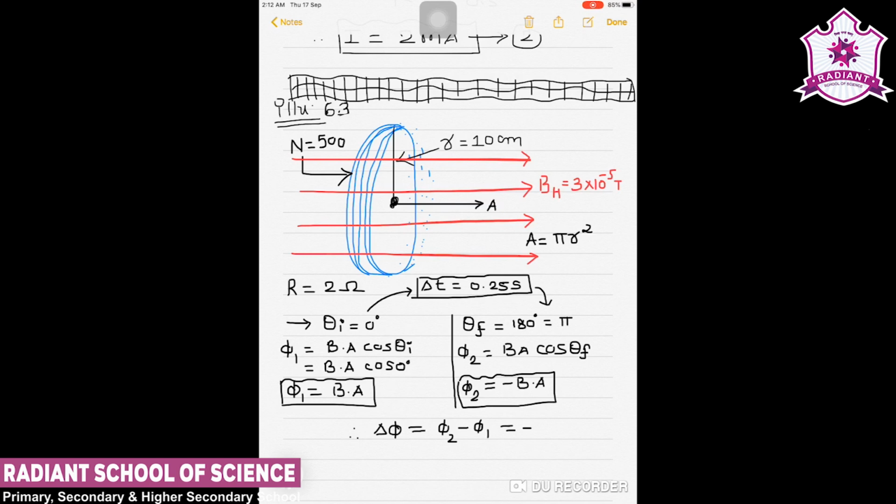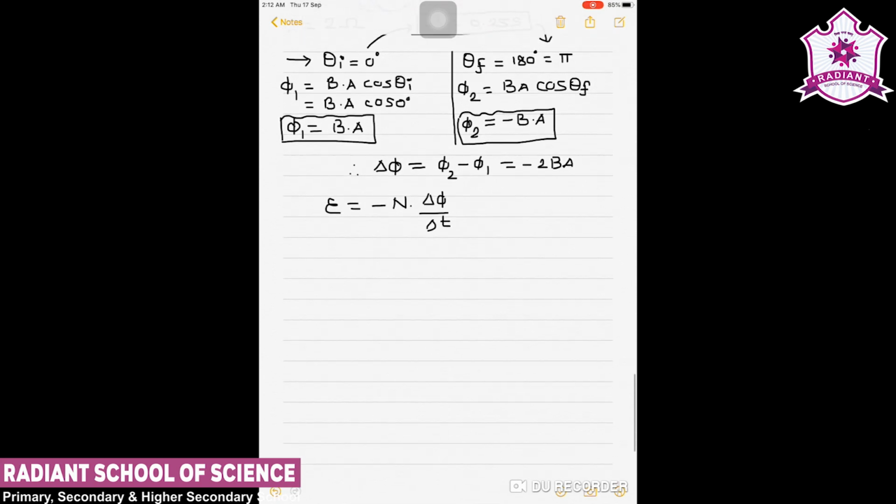We can say that this will be minus 2B into A, and we are also given that EMF equation, that is equal to minus N delta phi upon delta T. So we can use this formula to get the answer.